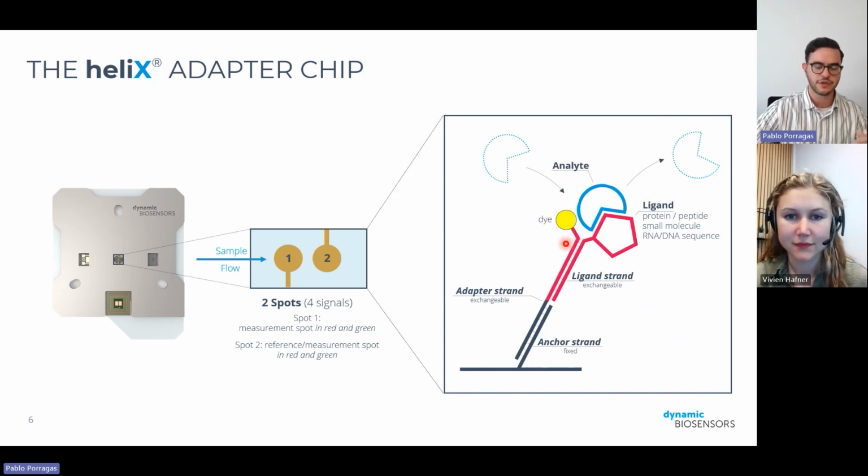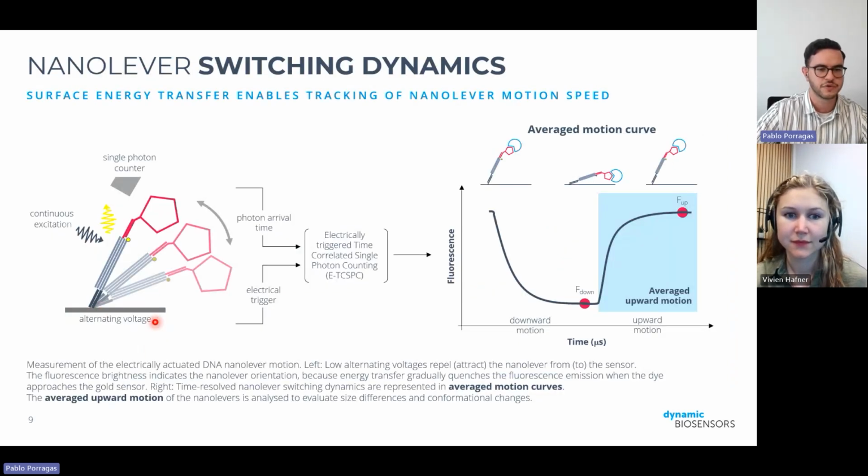This isn't done with the electrical actuation of the nanolever, so we're not applying this alternating voltage potential to the sensor surface. Instead we would apply a constant voltage potential that keeps the nanolever in the standing position, and then flush in the analyte that binds to the ligand. We're able to see the binding behavior because the binding event will change the local environment of the dye.